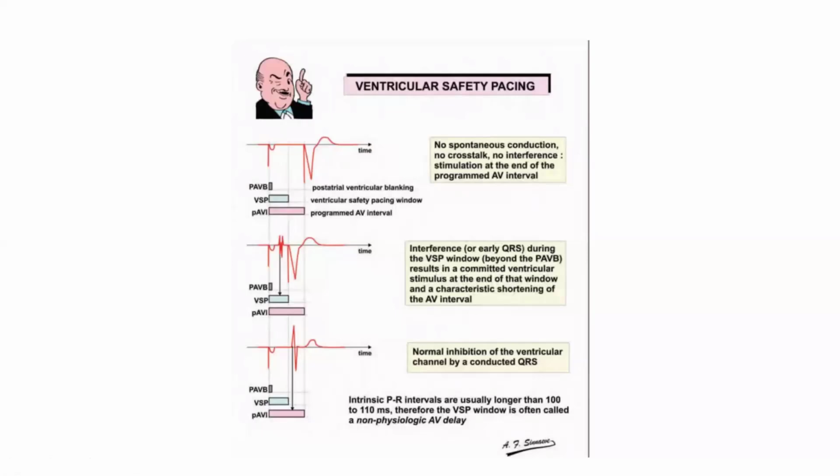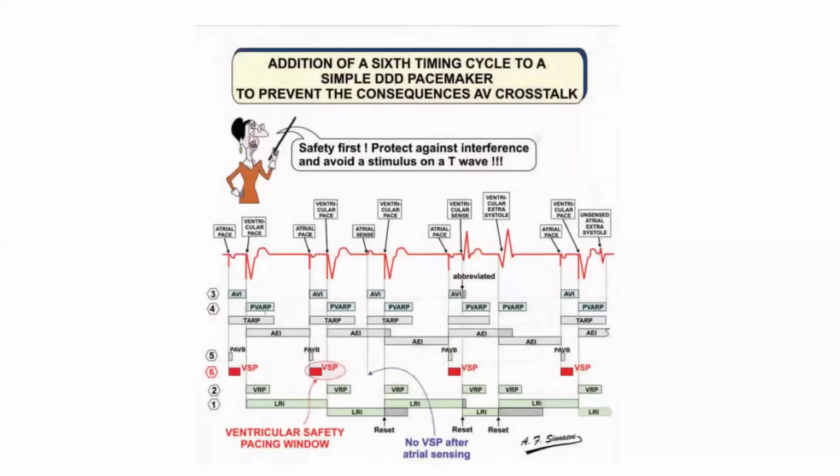So the fifth and sixth intervals are done just to avoid the problem of crosstalk. What is the problem of crosstalk? It is the possibility of sensing the atrial spike by the ventricular channel and misinterpreting it as a ventricular event, causing the pacemaker to inhibit and the patient to go into asystole.